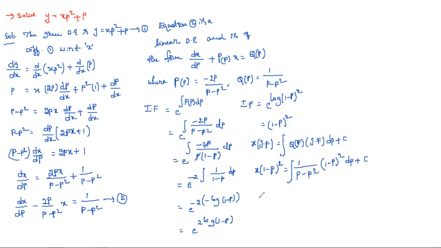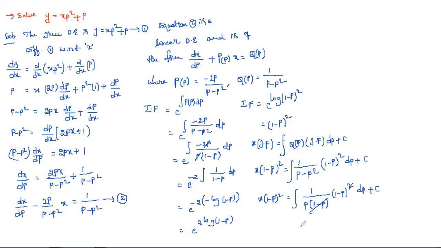And now x into (1 minus p) whole square is equal to integral, 1 by p is the common one. So take that one as common. If you take that one as common, 1 minus p, and here it is (1 minus p) whole square dp plus constant. Here 1 minus p and 1 minus p cancel.